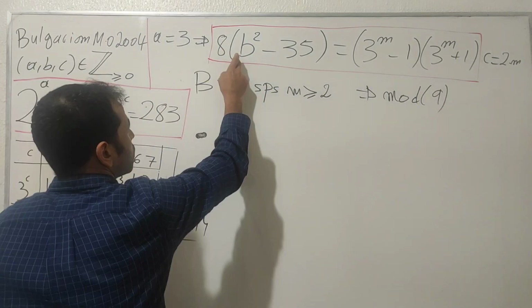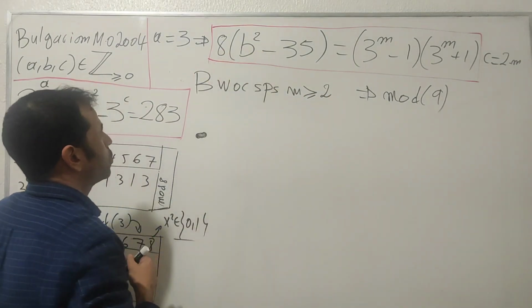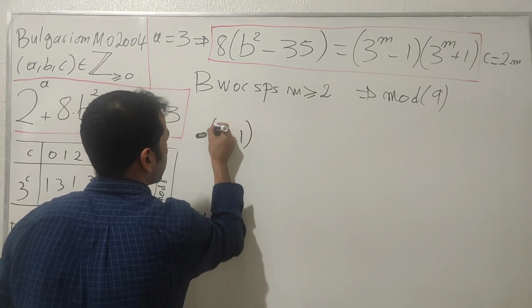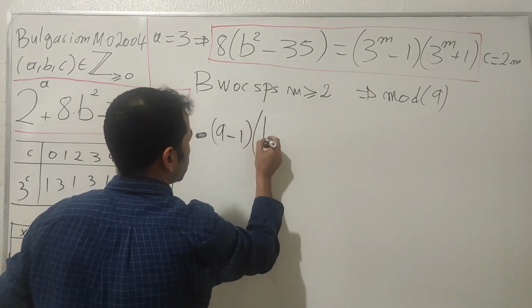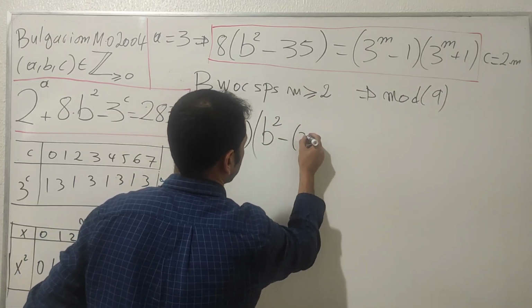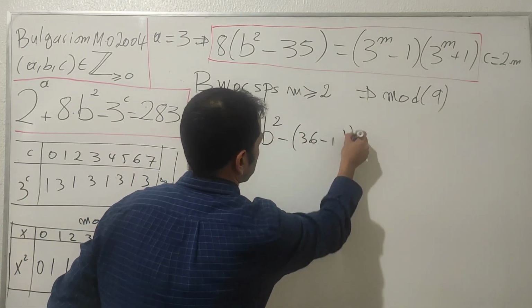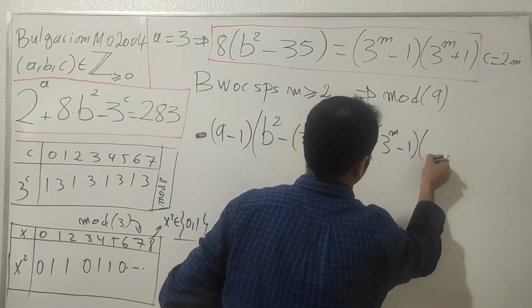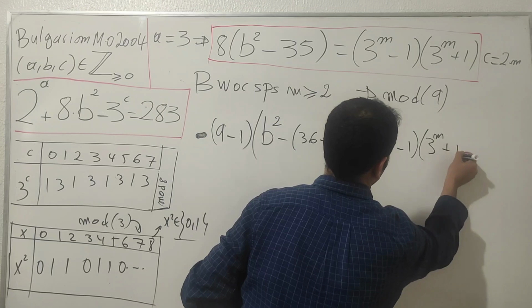Okay, let's convert this equation a little bit. Number 8 is the same as 9 minus number 1, factor b squared, and it stays the same. Minus 25 is 36 minus number 1, and that becomes 3 to the m minus number 1, factor 3 to the m plus number 1.